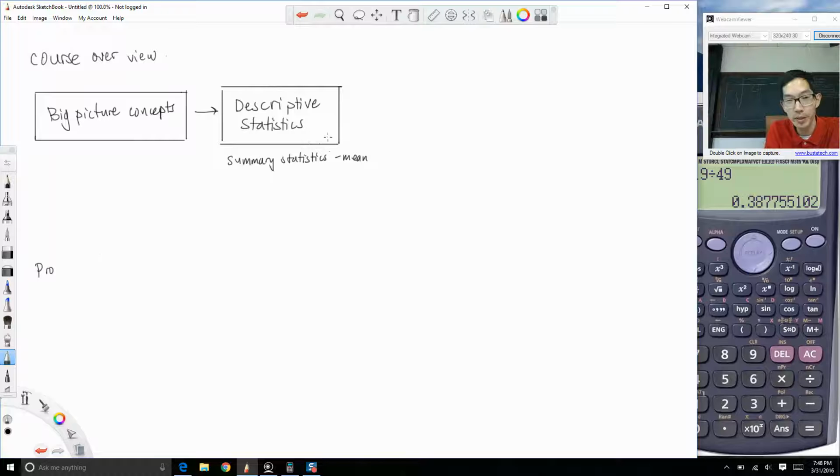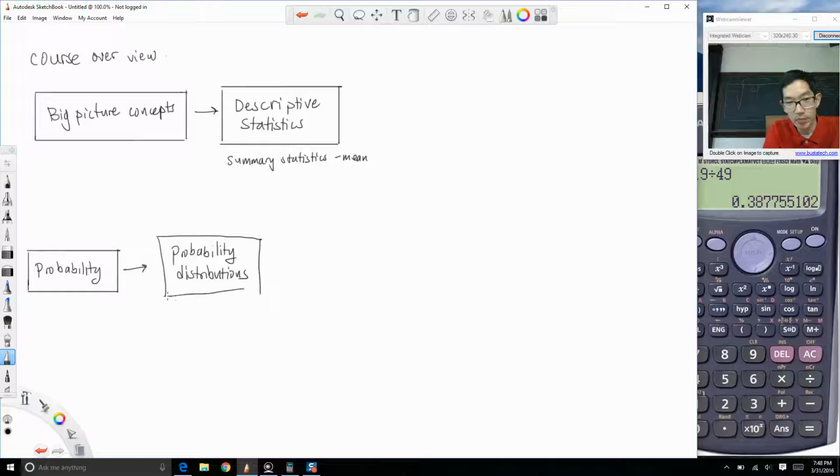Then we're going to take a little break and thematically move over to talking about probability. After discussing probability, we'll have probability distributions. This will give us the probability of what we call random variables.